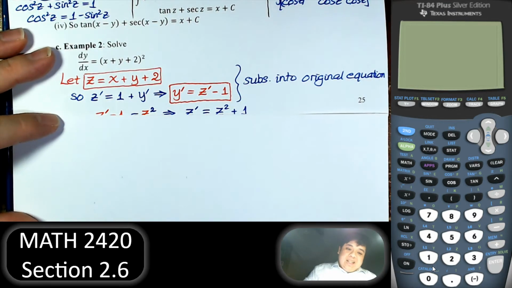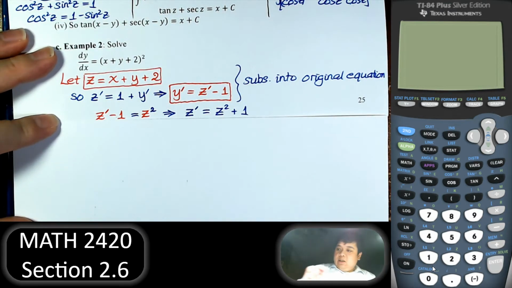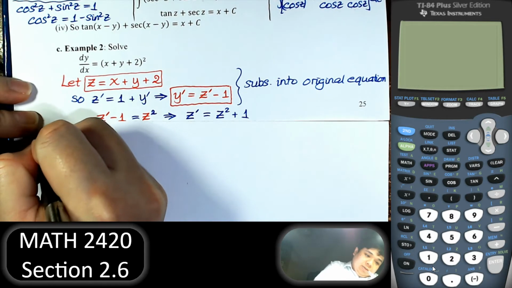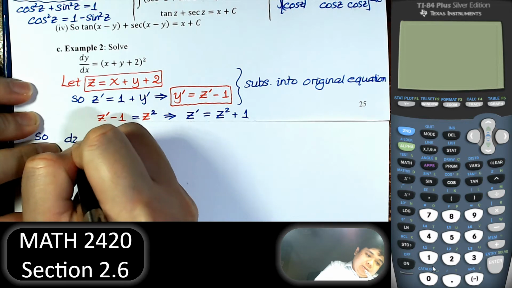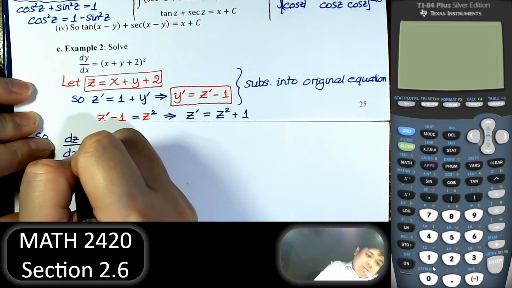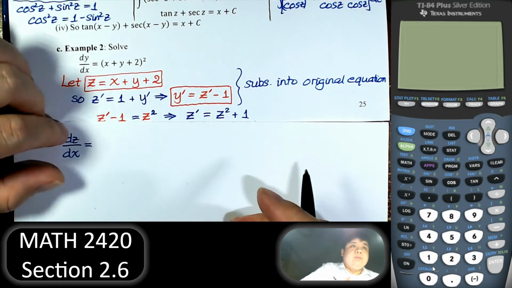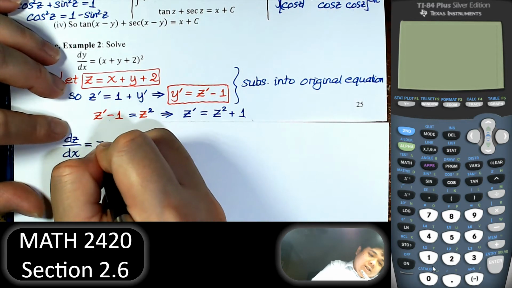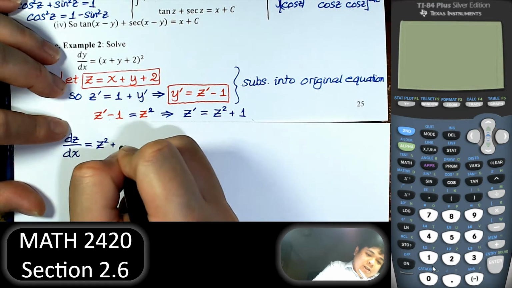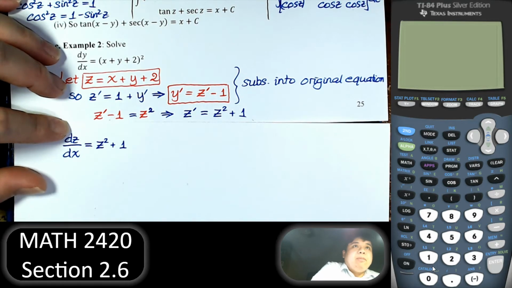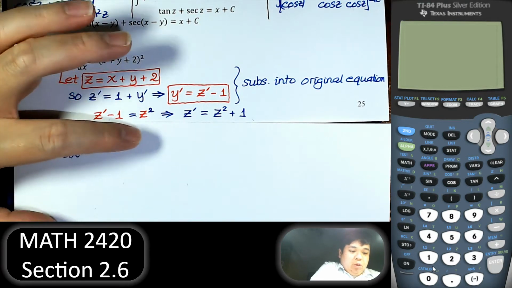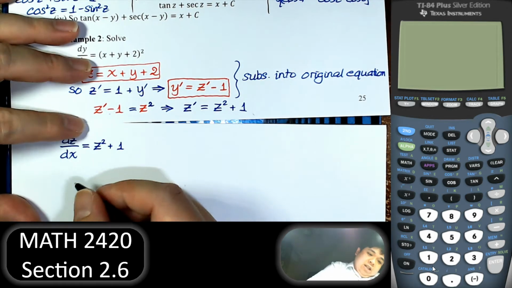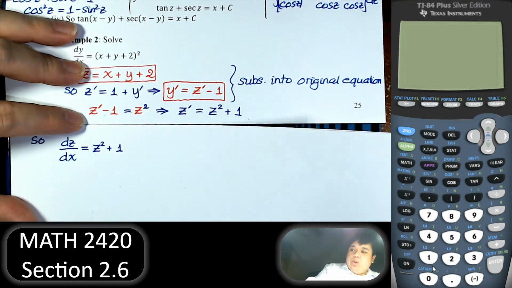Z prime is dz over dx. And z squared plus 1. And we move the dx over, move the z squared plus 1 to this side. So we solve for, we should have the equation.